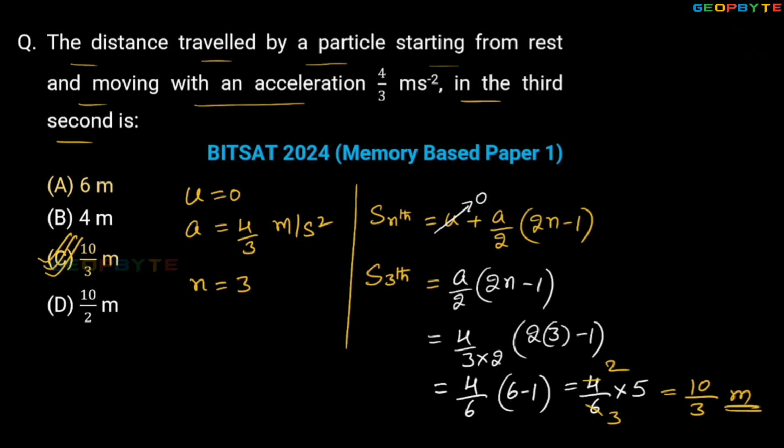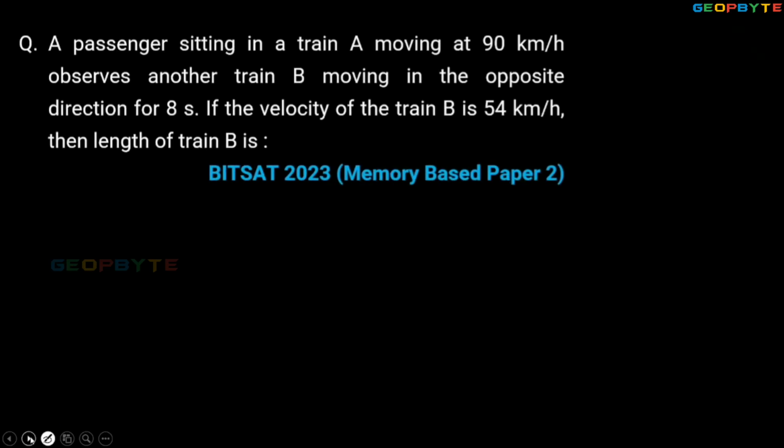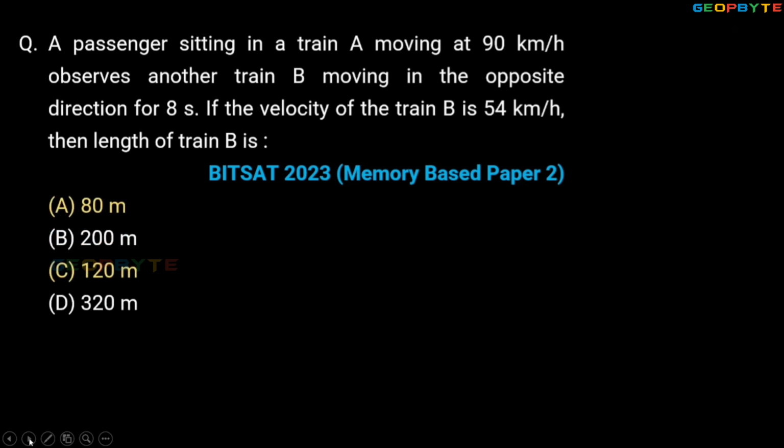Okay? Yes. Similarly, let us take another important problem. Look at this problem, asking like this: a passenger sitting in a train A, moving at 90 km per hour, observes another train B moving in the opposite direction.